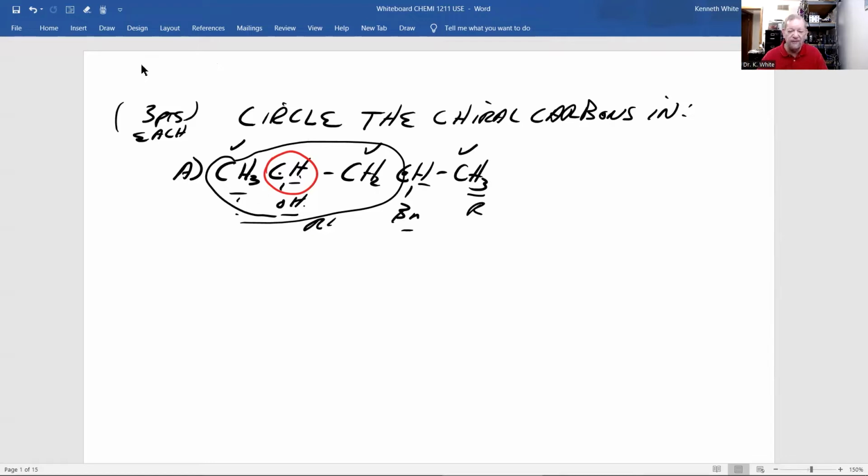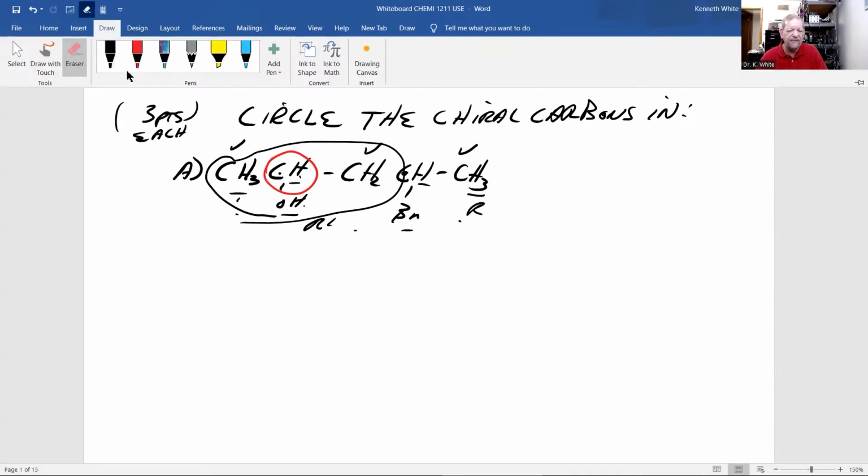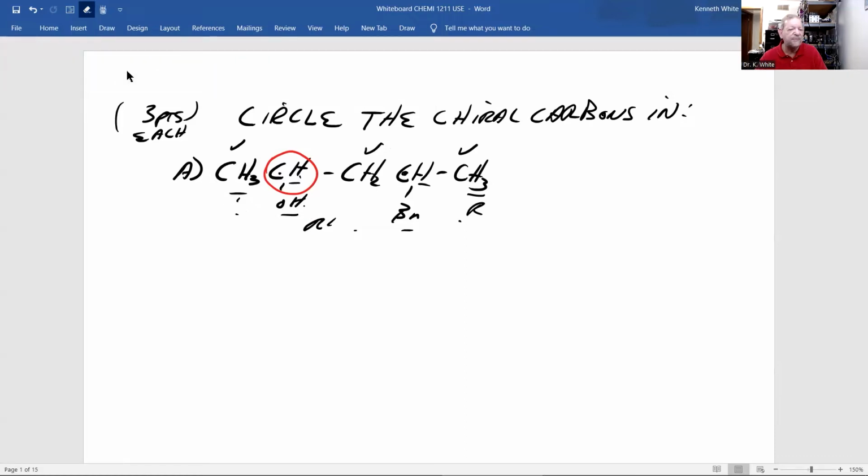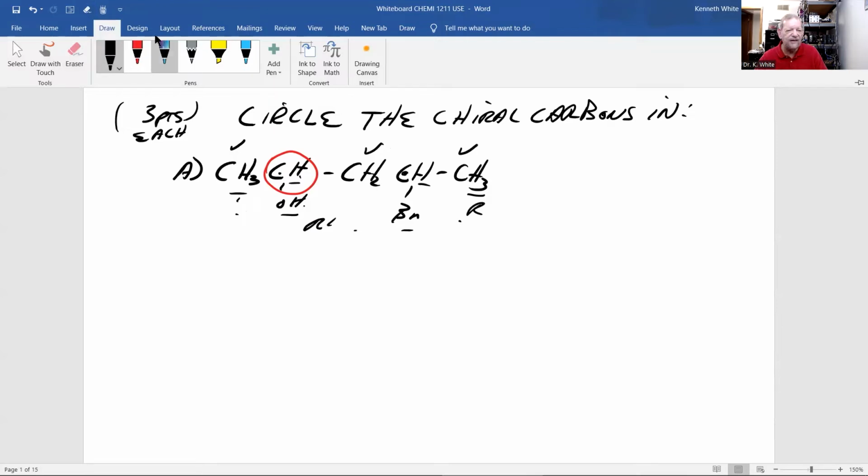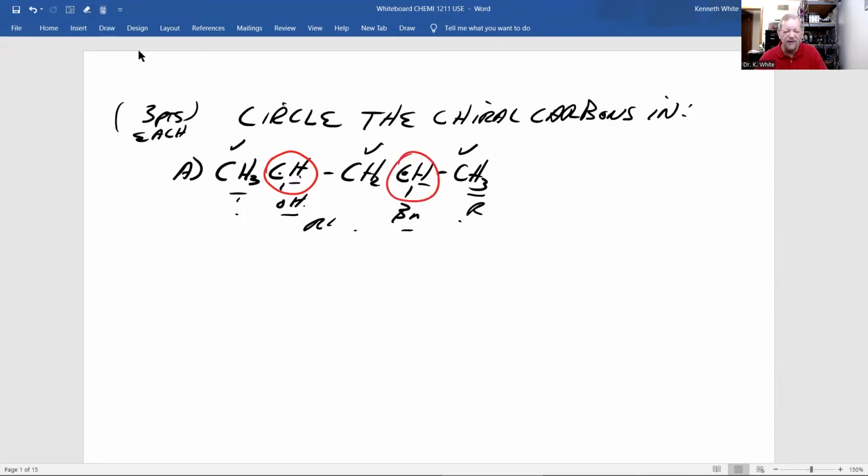Yes, hydrogen and bromine are different from R and R prime. And therefore this carbon would be chiral. Let's try another one.